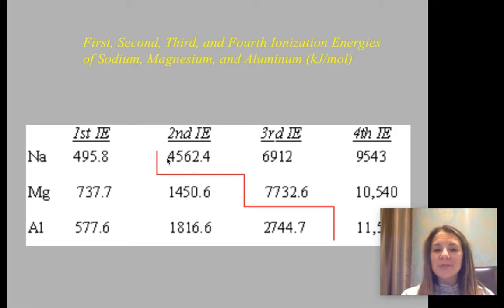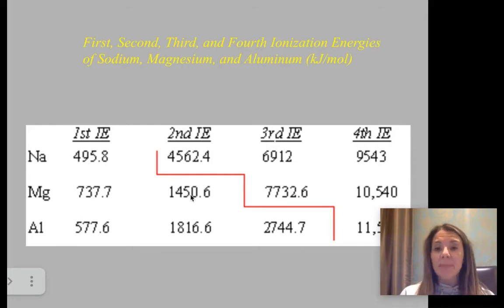Remember that sodium is an alkali metal and it only has one valence electron. So when you remove that, you're down to an inner shell, and whoa, if you're trying to remove an electron from a full octet, it's going to require a lot of energy. And so that's why you see such a big jump going from the first to the second ionization energy for sodium. And the same thing happens for magnesium.